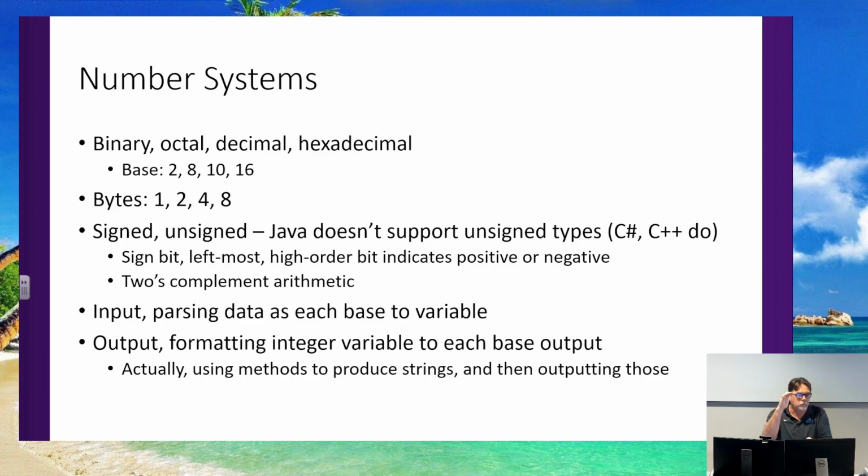There's 8 of them, so it's base 8, 0 through 7. Okay? So we can go 0, 1, 2, 3, 4, 5, 6, 7, 10. So we carry the 1 and start back over at the first symbol in the first position. 1, 2, 3, 4, 5, 6, 7, 20, right?